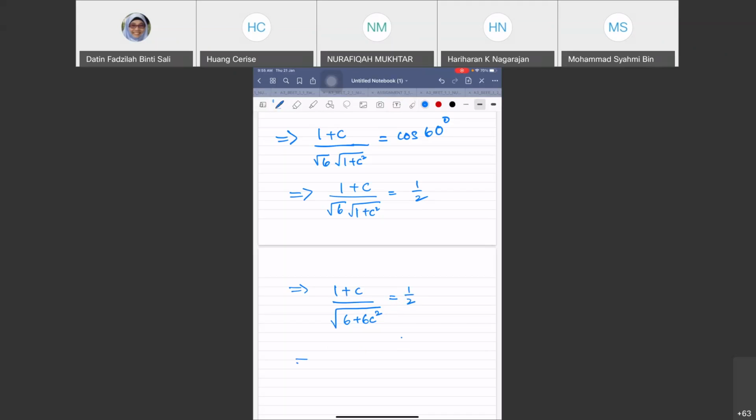So you multiply the 2 up here, and then this one we cross multiply, which means it will be 2 plus 2c. Straight away I multiply, then I have this.